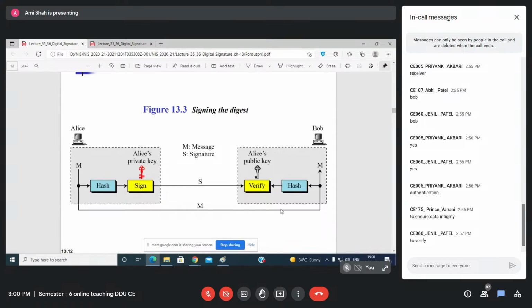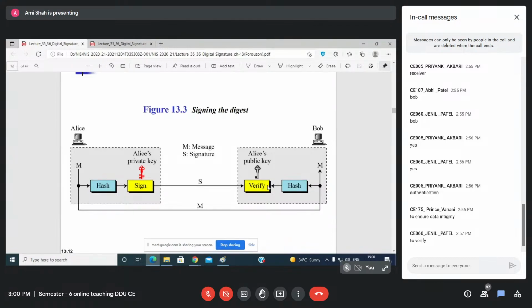On the hash, the signing algorithm is applied using Alice's private key, and you get the signature. Again, using Alice's public key, after this algorithm you get this hash code, and from the message you get this hash code.